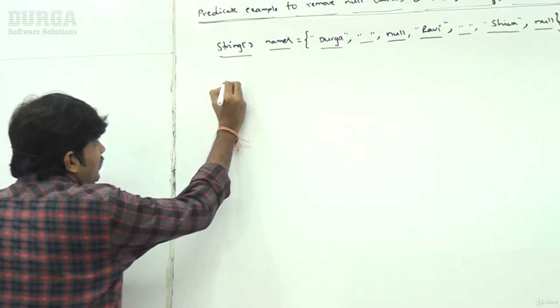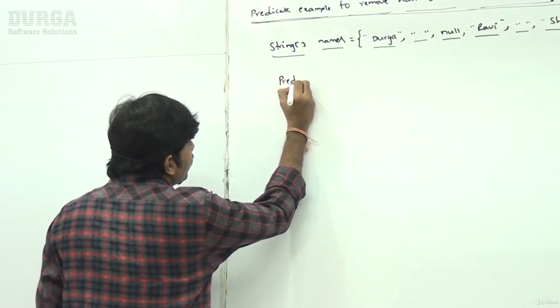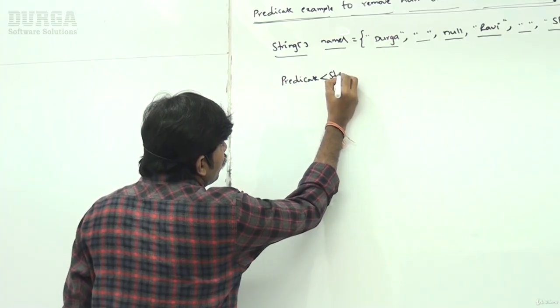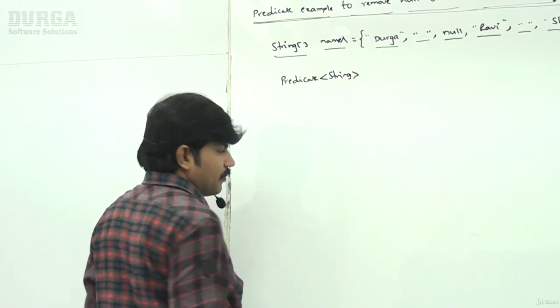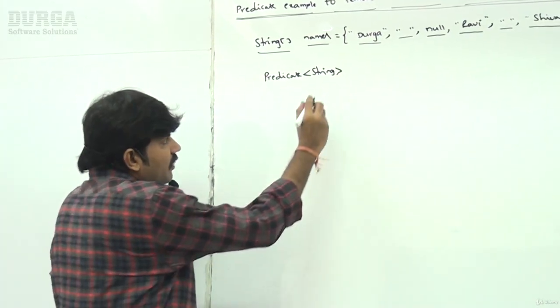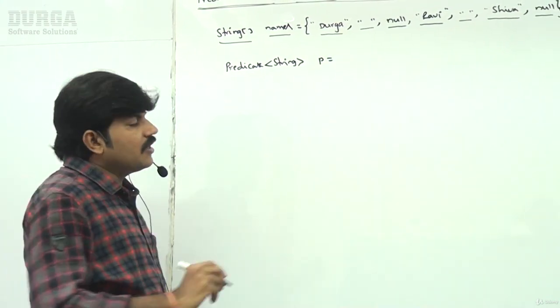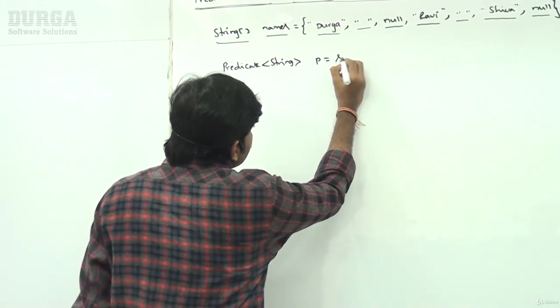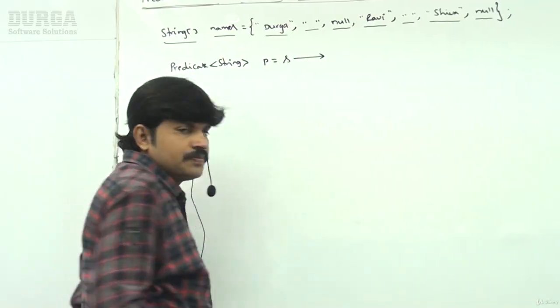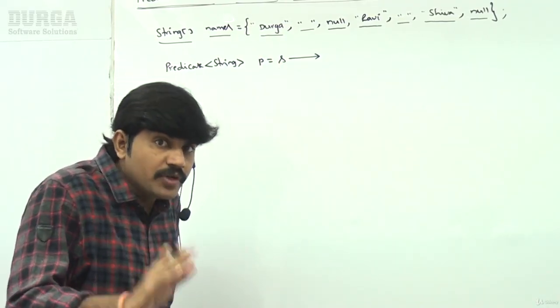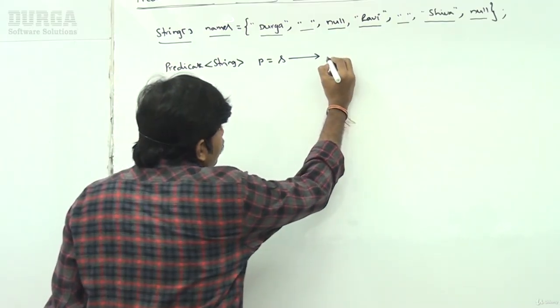Observe that carefully. I am taking a predicate. This predicate is always going to take a string as the argument, right? P. Next, if I give a string as input, what condition do we have to check? Very simple.